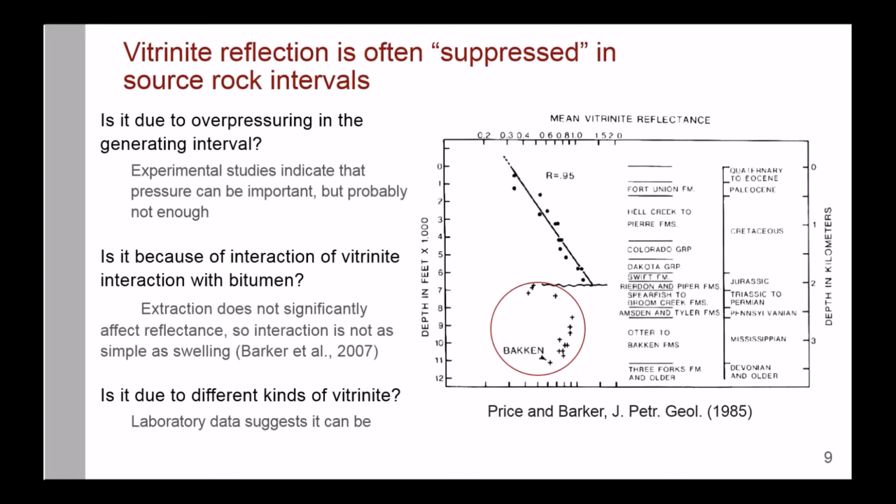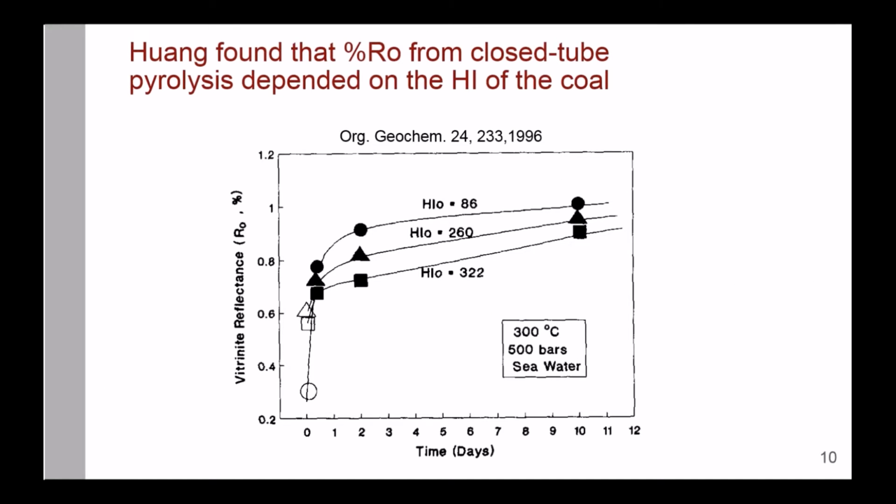So let's go back to Huang's work at Exxon. Very nice paper. If you haven't read it, I highly recommend it. They did closed tube pyrolysis. They found that the vitrinite reflectance depended on the HI of the coal. This is all at the same pressure, so this immediately suggests that the presence of the saprophilic matter does in fact affect the reflectance through some mechanism.